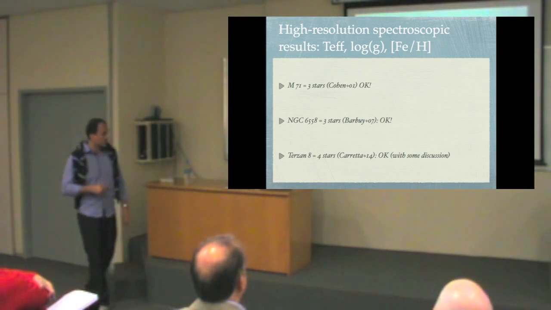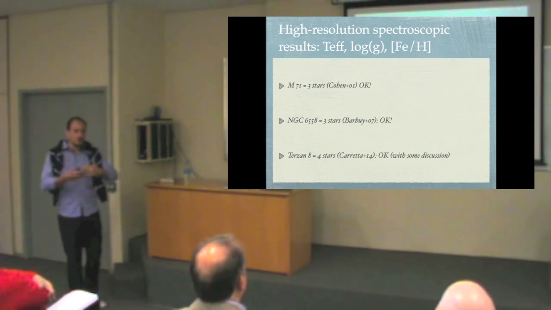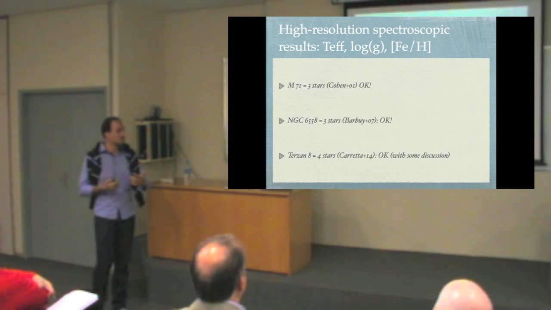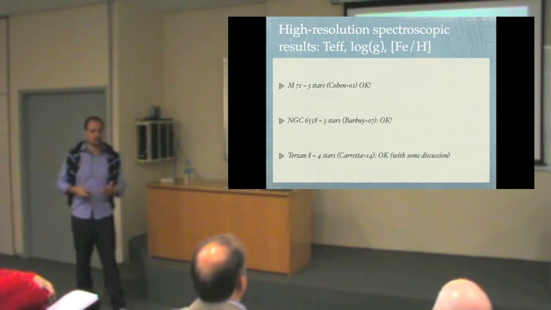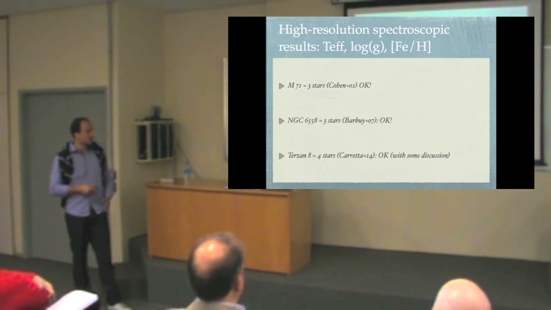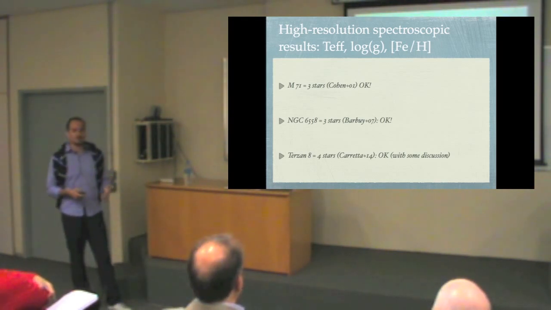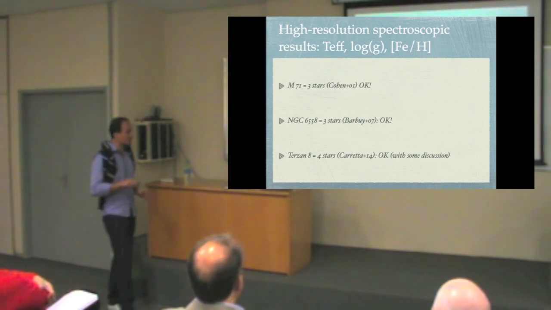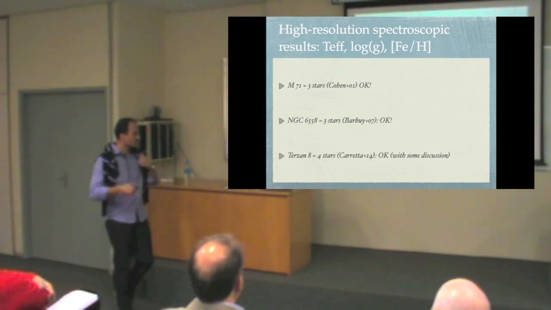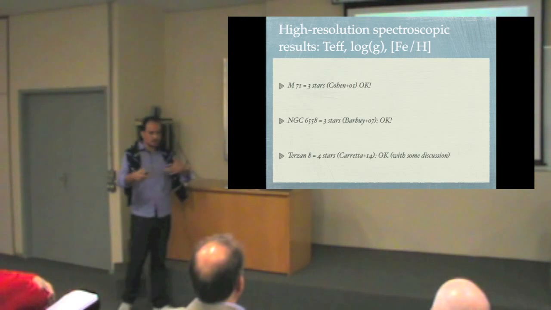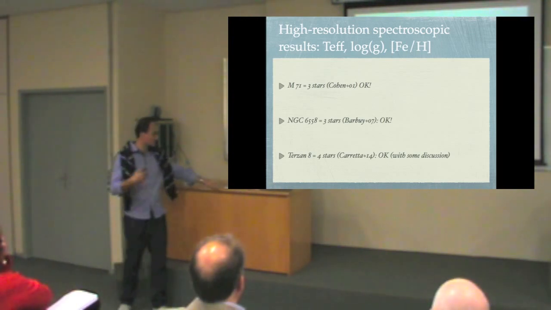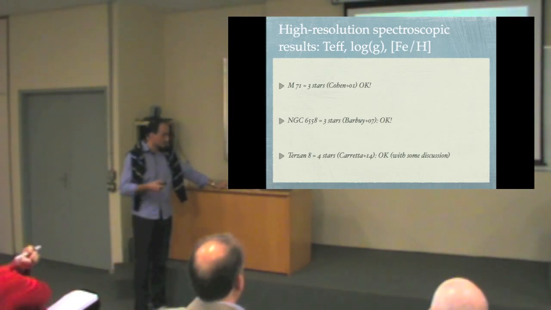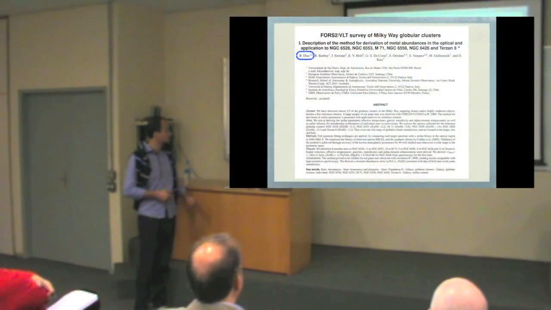But only for three clusters did we find a match of some common stars. For these stars, the metallicity, temperature, and gravities are okay. I just have a comment about Thesis 8, which was discussed a lot in the thesis, and we can discuss later, but it's okay with some comments.